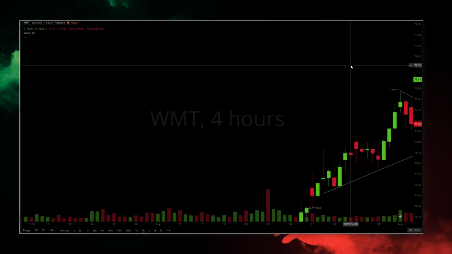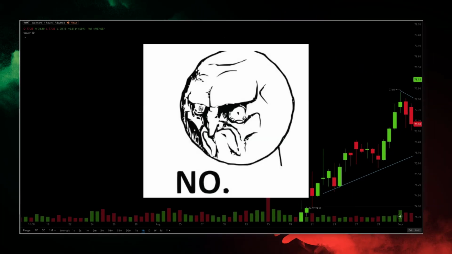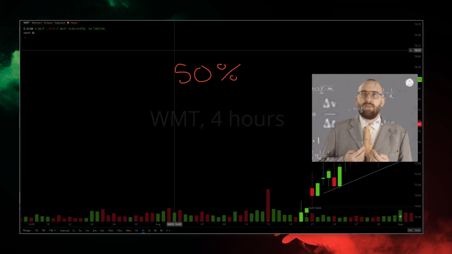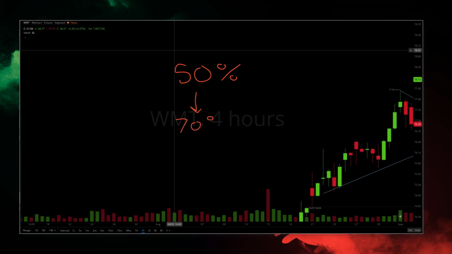Is this a guaranteed pattern? No, but we are all about probability. If you were to trade something and there was a 50% chance of something happening, but the very next candle it would boost up to 70%, or even somewhere like 60%, that extra 10%, wouldn't you be more likely to trade on the 60 or 70%?